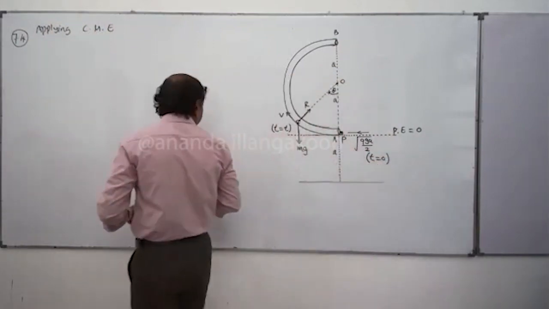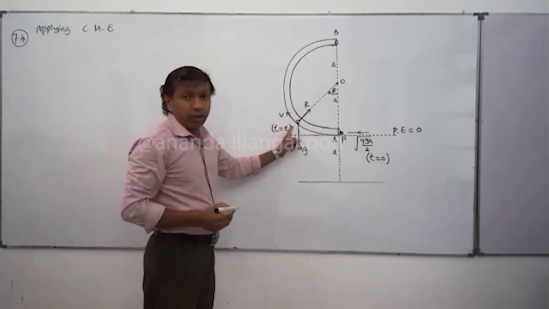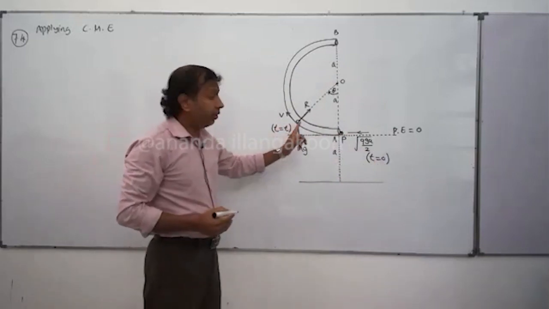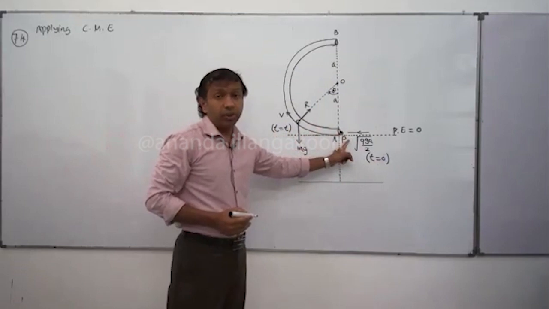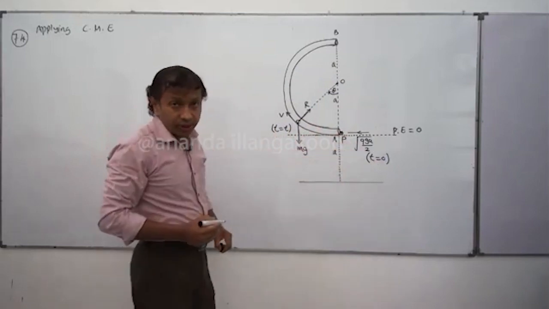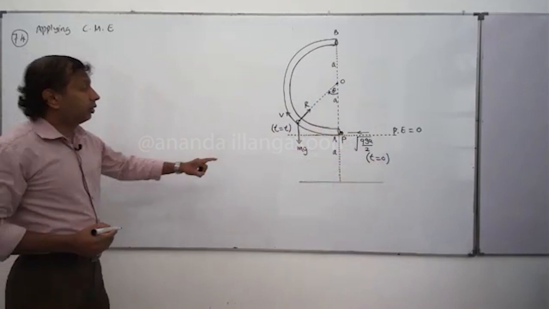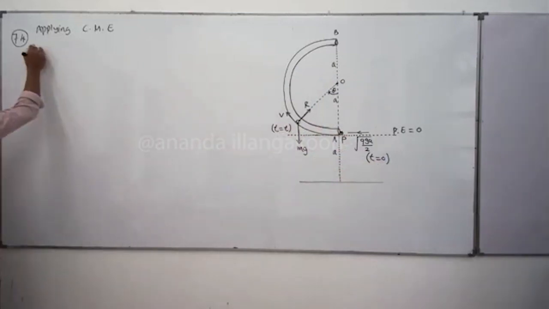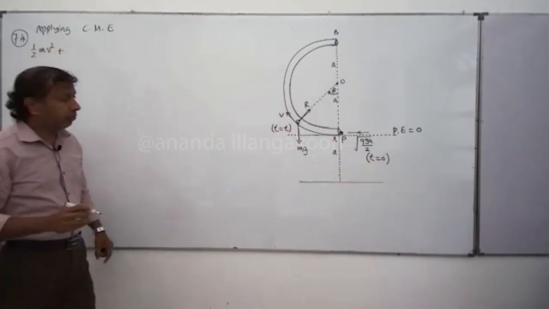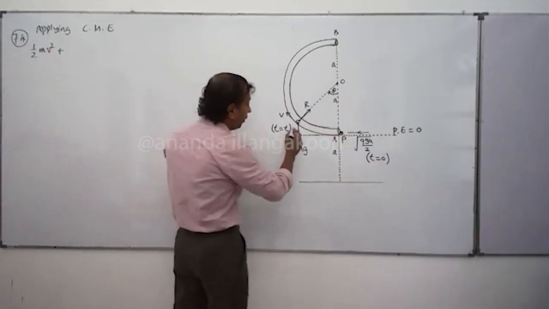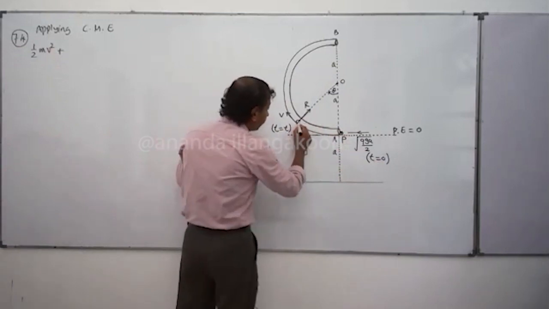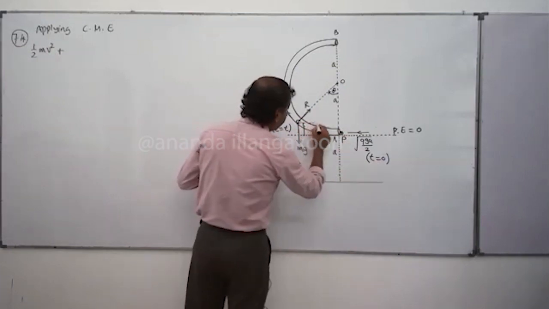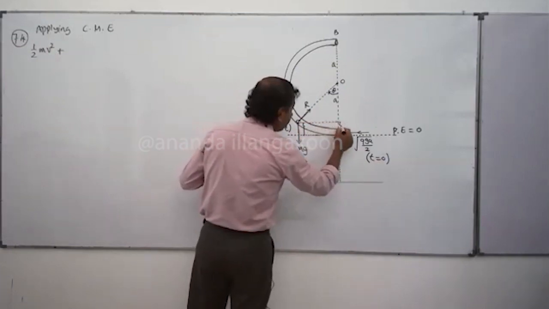The total kinetic energy plus potential energy here is equal to the total kinetic and potential energy there. Here we can write the kinetic energy half mv squared plus potential energy mgh. This height we need. What height? This height.